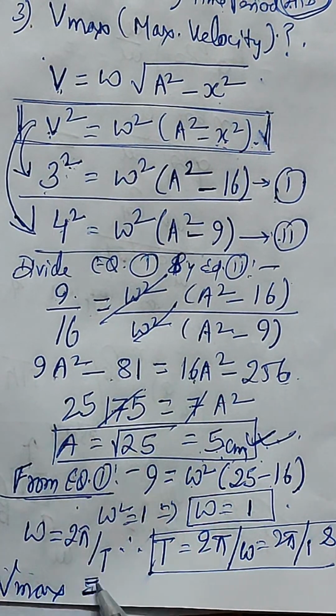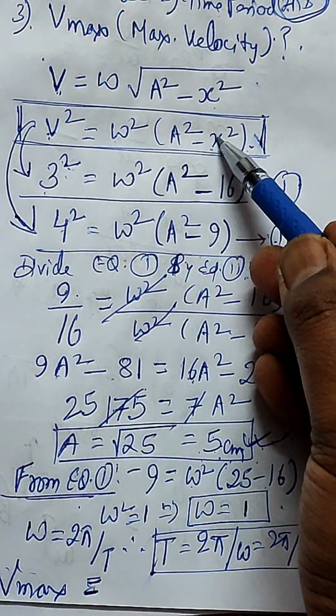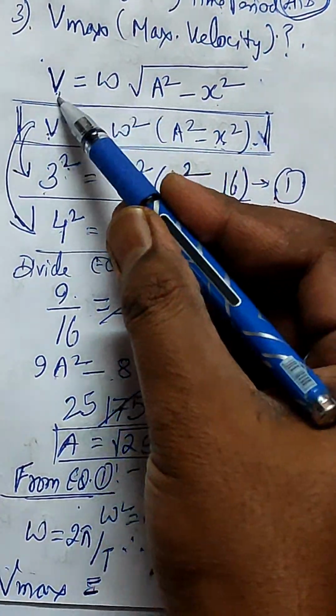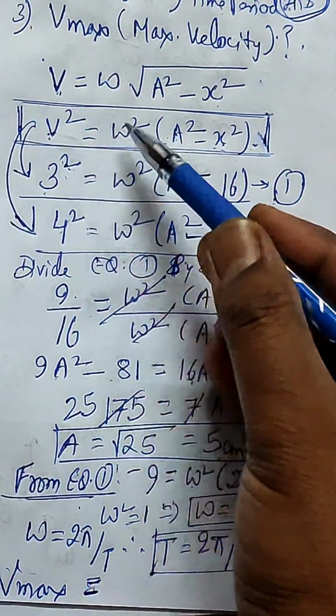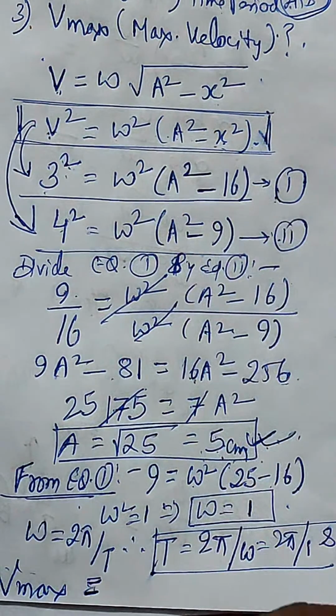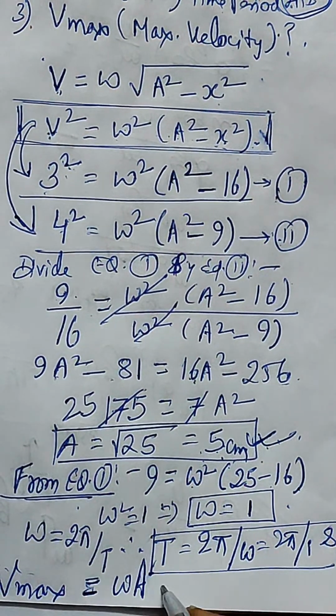So when x will be equal to 0, then v square equal to omega square a square, or v equal to omega a, right? So this will give you omega times a.